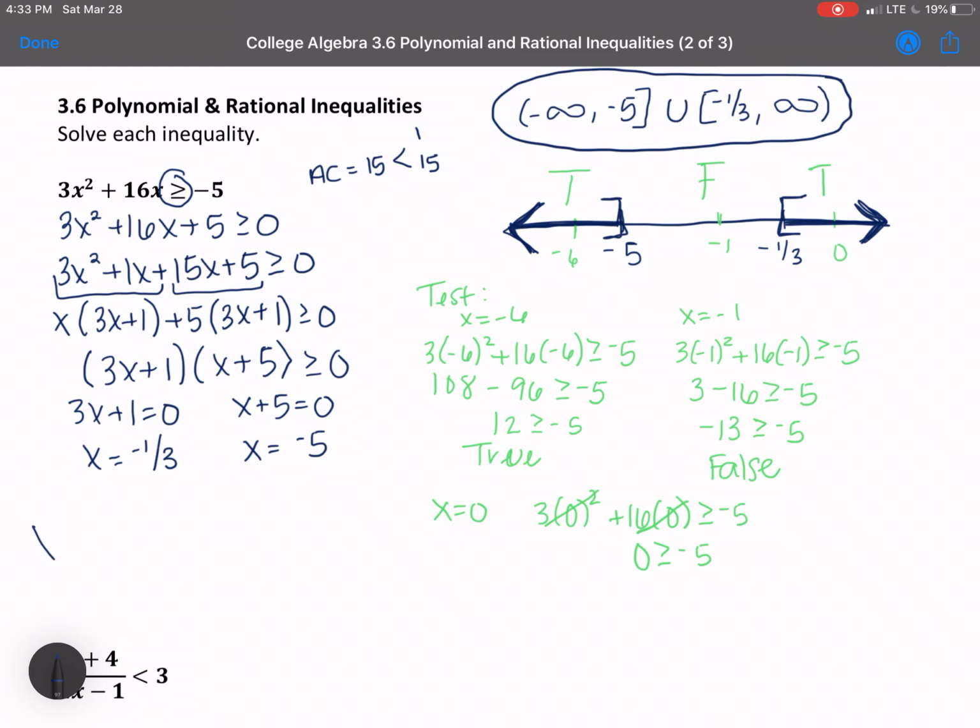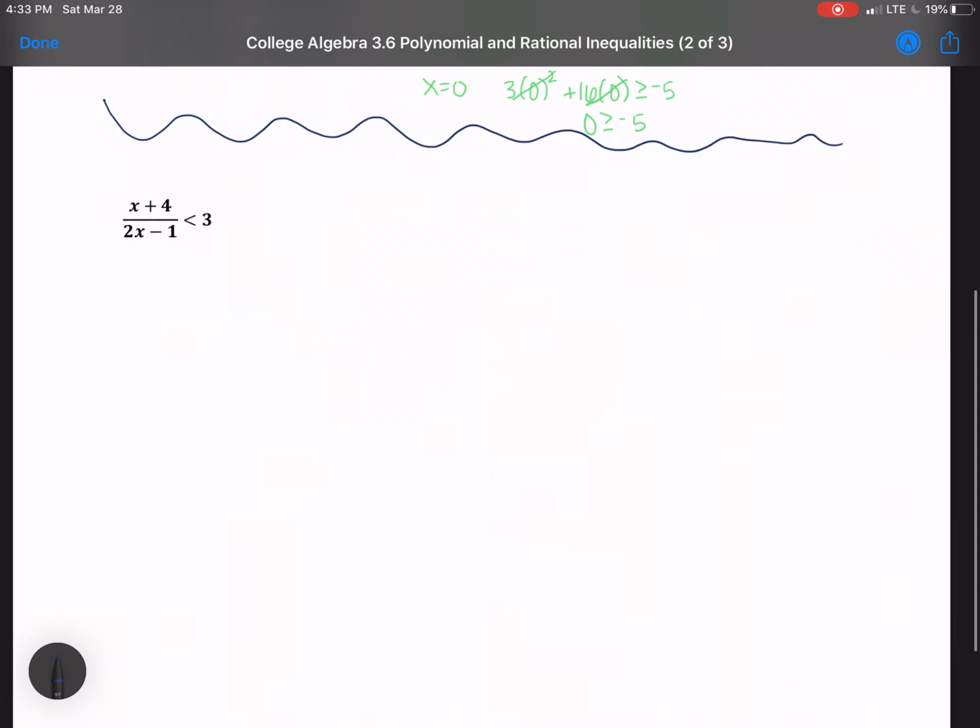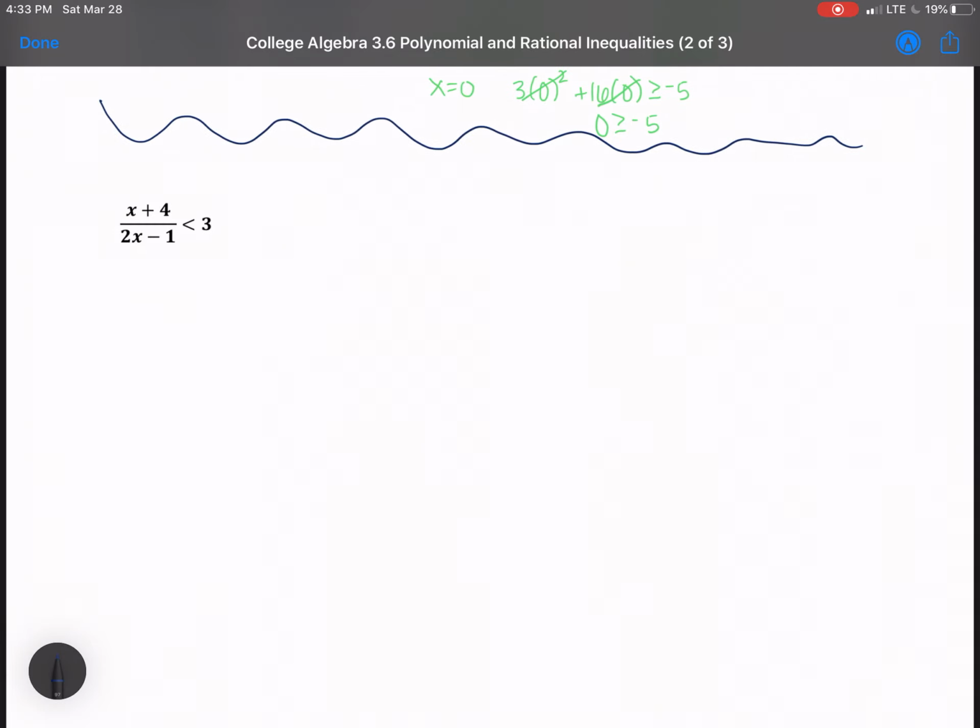Okay, looking at our second example, if we look at a rational inequality, again, the first thing we want to do is simplify and move everything to one side. So we're going to start off with subtracting that 3. We have x plus 4 over 2x minus 1, minus, I'm going to write this 3 as a fraction, 3 over 1, which is less than 0.